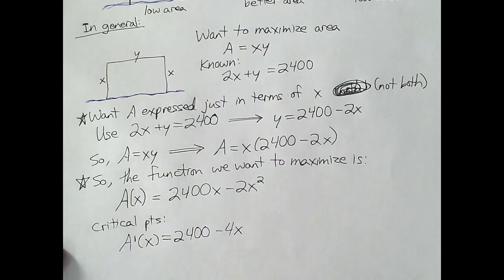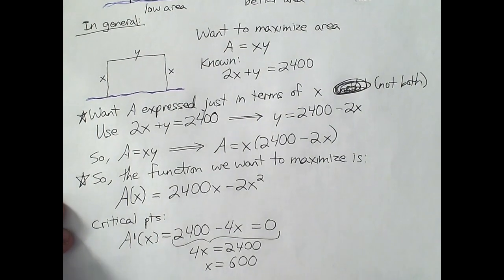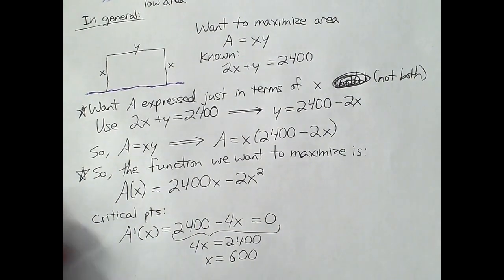And then we set it equal, well, first we look to see, are there any places where this is undefined? I don't think so. So we set it equal to 0 and we solve. Solving this, you should get 4x equals 2400. So x equals 600. Now that's the only critical point that I've found, which makes me think it's probably the correct answer.